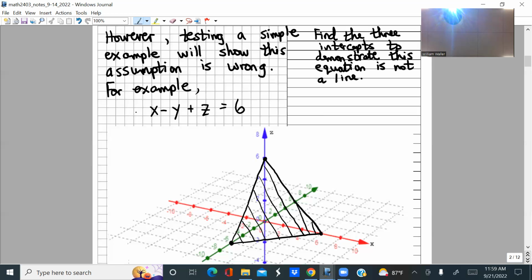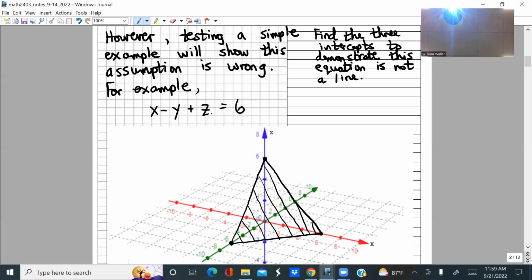Now, what actually does turn out to be true, and we'll get back to it in just a second, is that first degree equations in three unknowns, their graphs are going to turn out to be planes, just like in this picture. So the graphs of first degree equations are not complicated, but they're more complicated than straight lines. You get a flat plane, not a straight line.